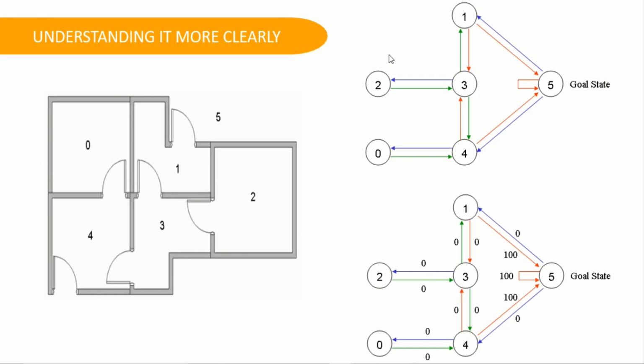Whereas the next immediate steps which may lead to evacuation, such as from room number 5 you can move out, and also from room number 4 you can come out. So hence those states have been rewarded highest, that is 100.